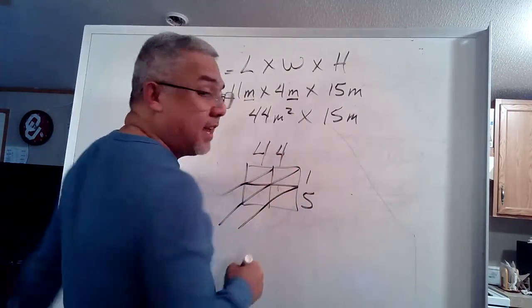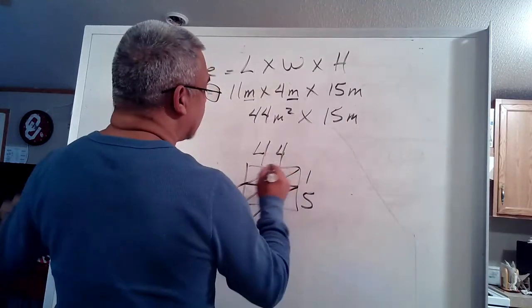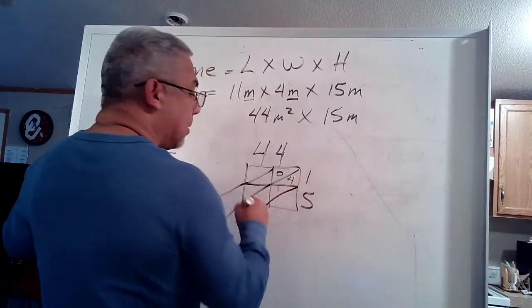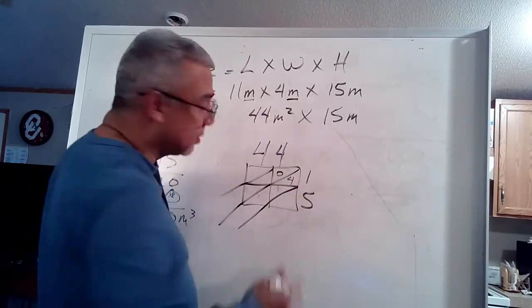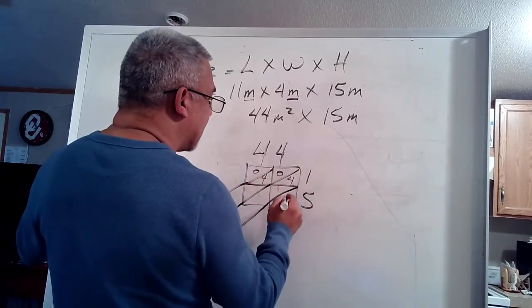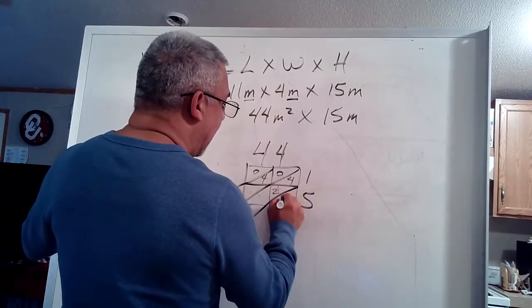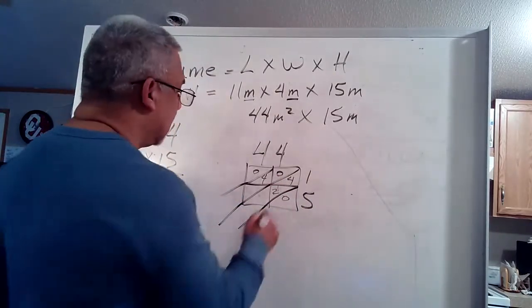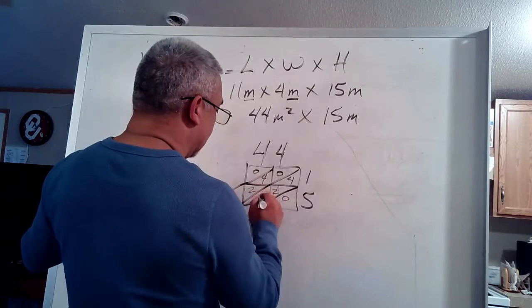1 times anything is that anything. So 1 times 4 is 4. So I'm going to say 0, 4, because there's nobody in the tens place. 20. Doesn't that kind of look like a 20? Yes. Another 20.